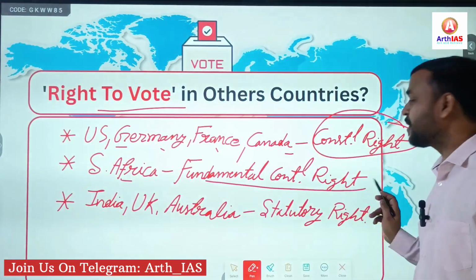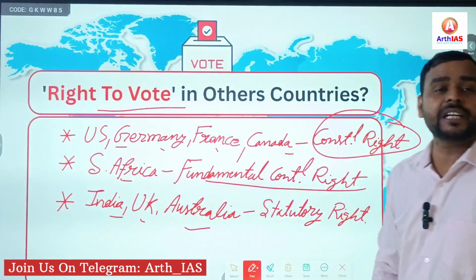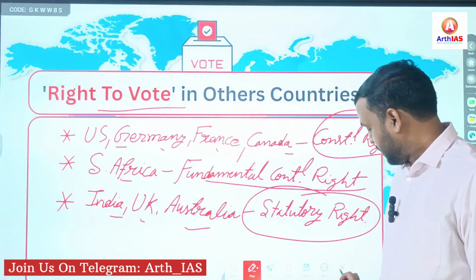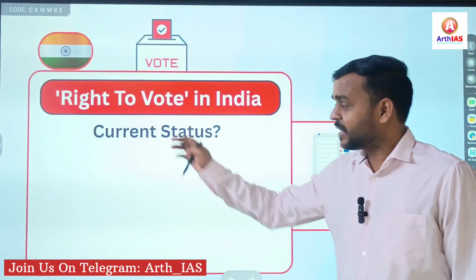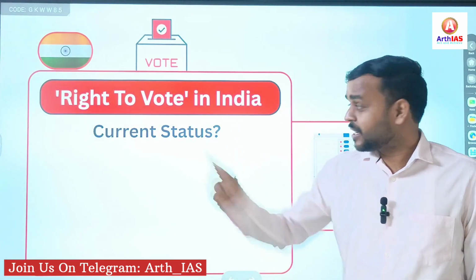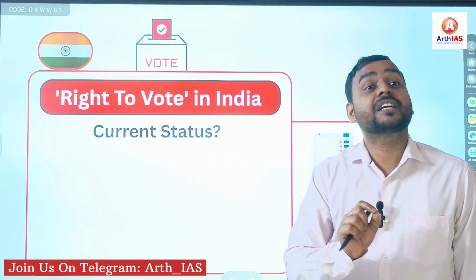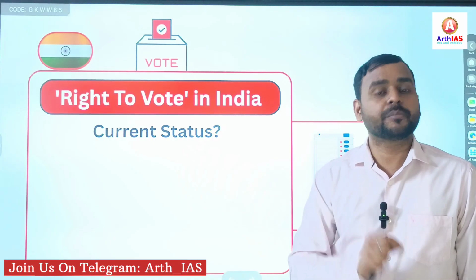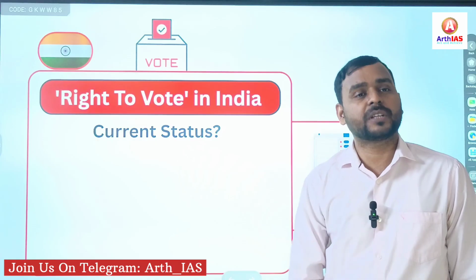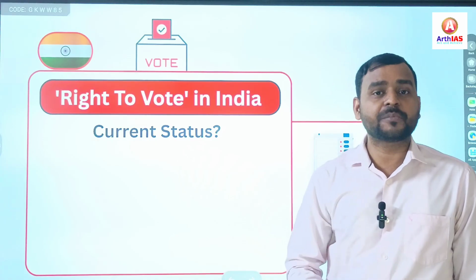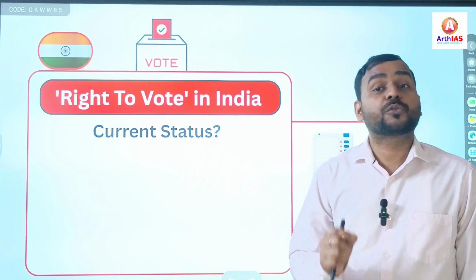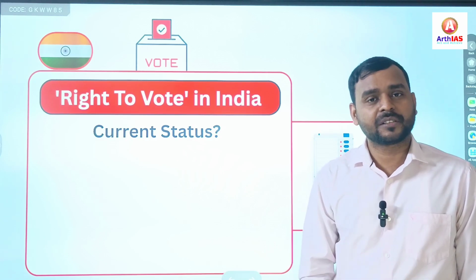In South Africa, a fundamental constitutional right. In India, UK, Australia, it is a statutory right. Clear? And if the question comes, as I said earlier, you have to tick statutory right, meaning the right to vote in India is currently a statutory right. The current, latest judgment is Anoop Baranwal versus Union of India, 2023. So in this video lecture, we have discussed a very key aspect, the right to vote, and there is a high possibility that a question may be asked in prelims 2026. Thank you for watching.